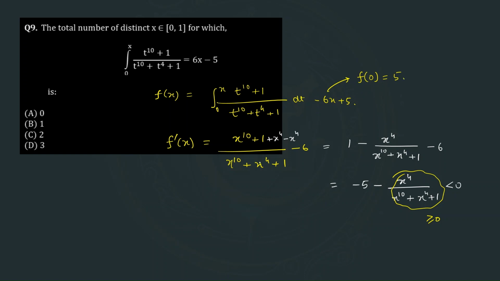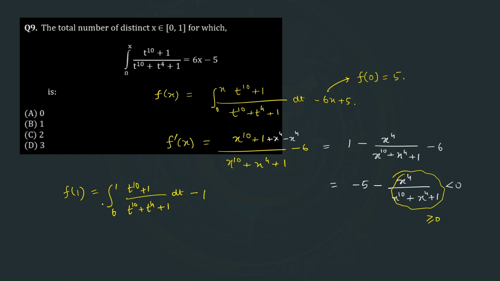Now we have to check the value of f1 to check whether this function has a root in this interval or not. So let us check f of 1. It will be integral 0 to 1 of t to the power 10 plus 1 divided by t to the power 10 plus t to the power 4 plus 1 dt, minus 6 plus 5. So basically minus 1. Now we have to check whether f1 is negative or positive.